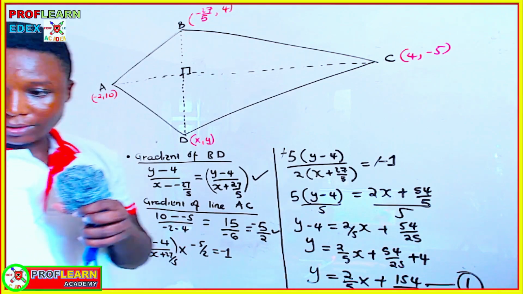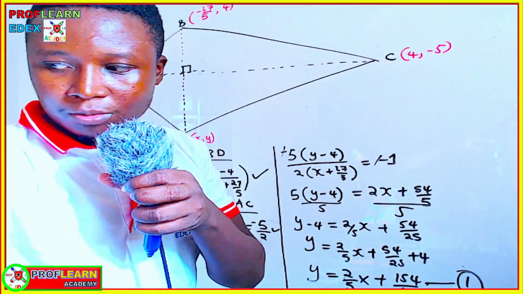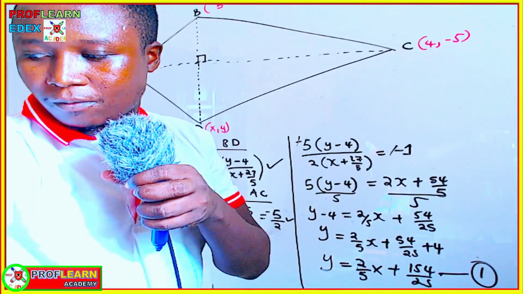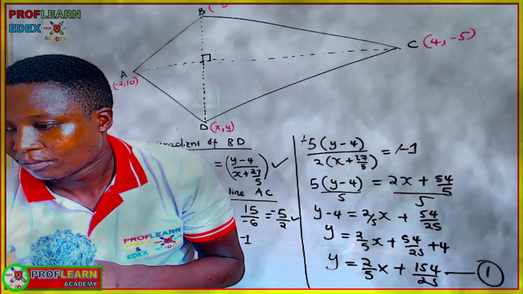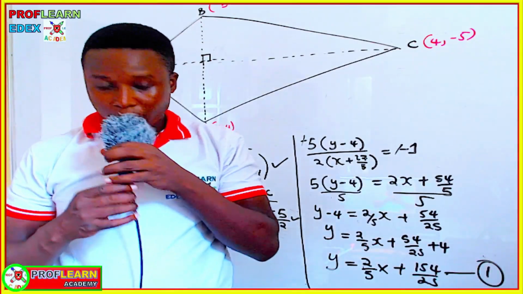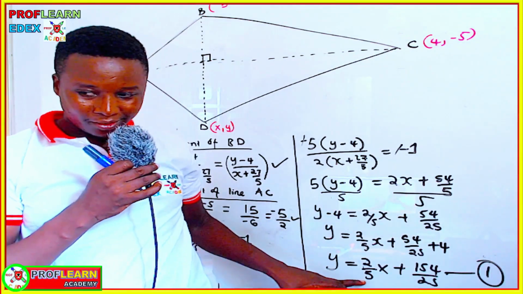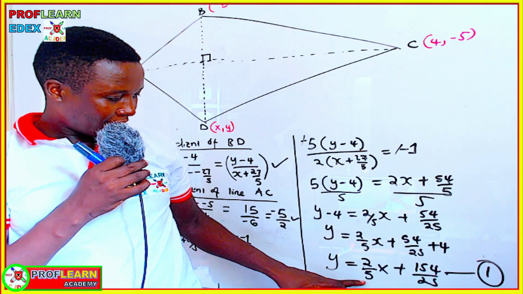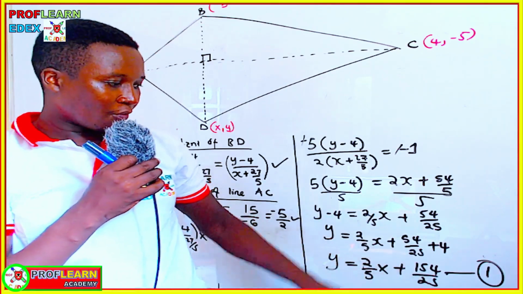Let me just move this a little bit so that you can see. Okay, now you can see we have our equation 1, which is y equals 2 over 5x plus 154 over 25.